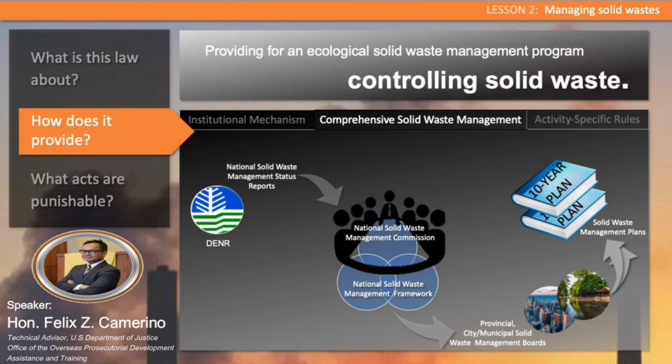And the answer to that, of course, is it doesn't end there, because the DENR does these status reports annually. Syempre, they're able to gather on a regular basis very valuable, very current data. So it would only make sense that data continues to flow to the commission.